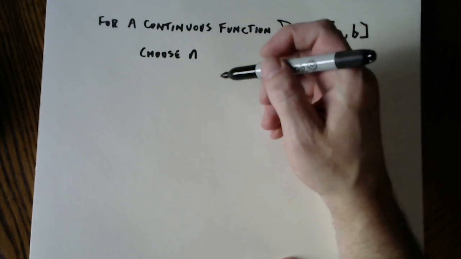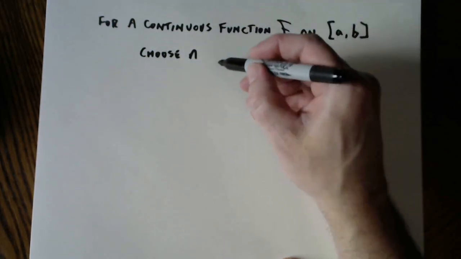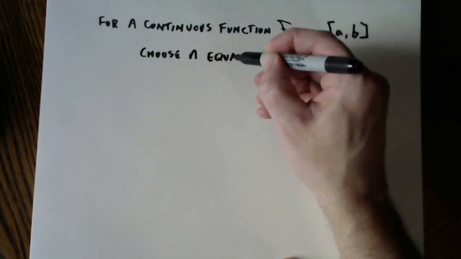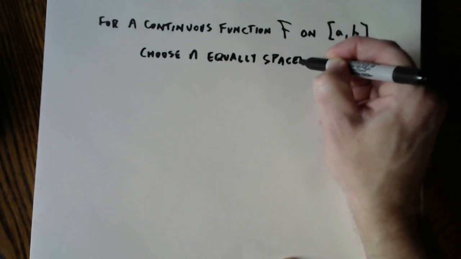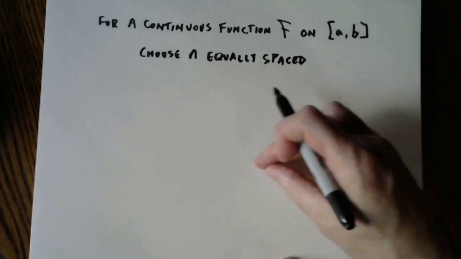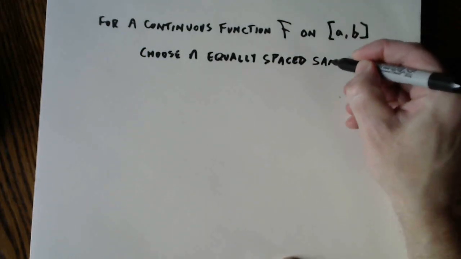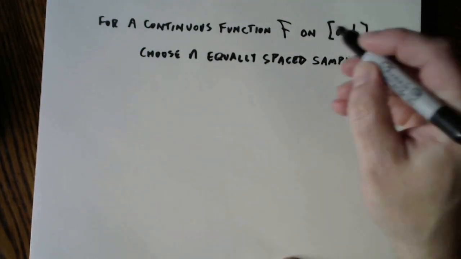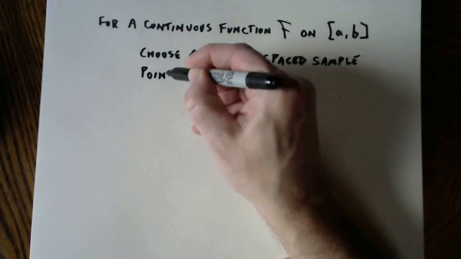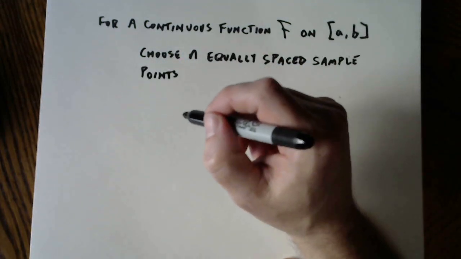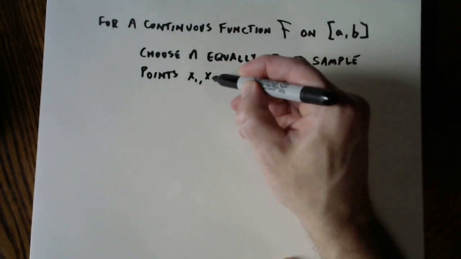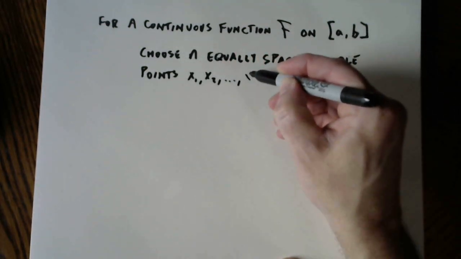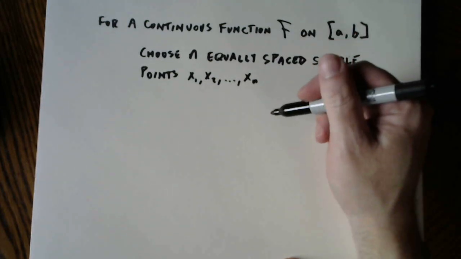You can make it 5, you can make it 5,000, equally spaced sample points on the x-axis. I'm going to call those x1, x2, etc., up to xn, however many you want.